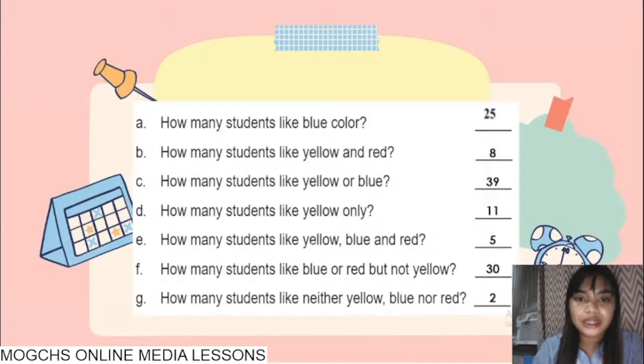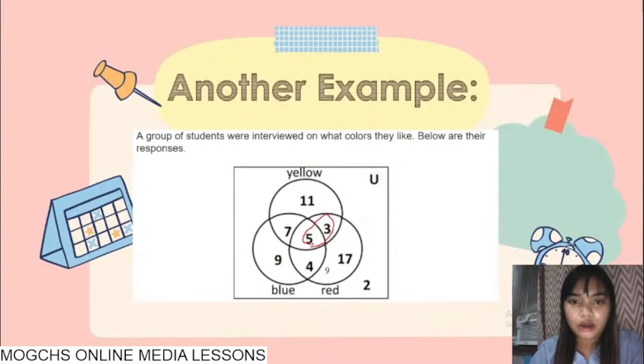Next. How many students like yellow or blue? How are we going to solve that?